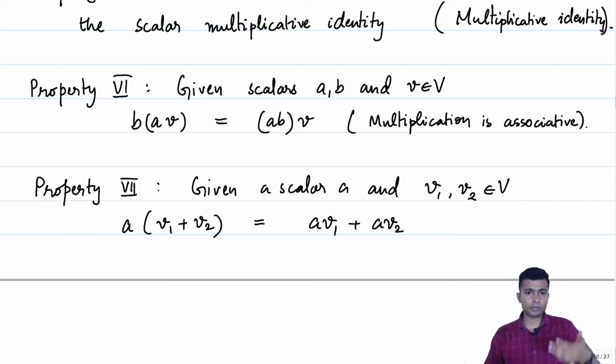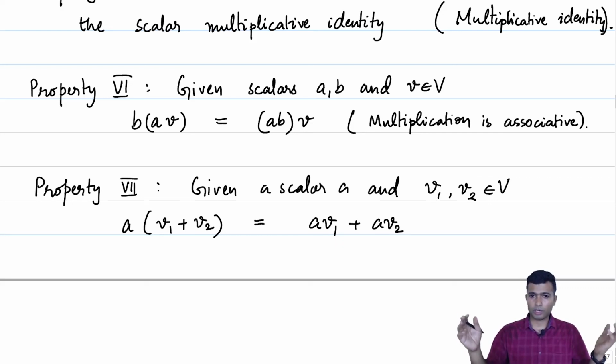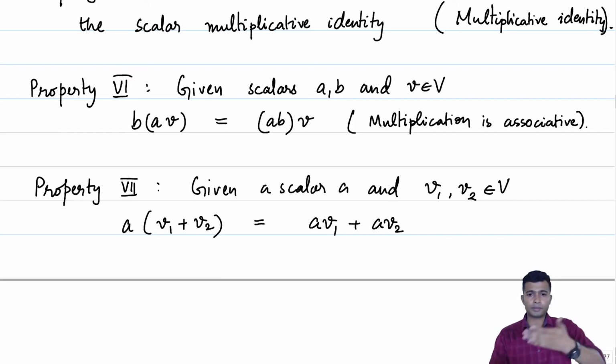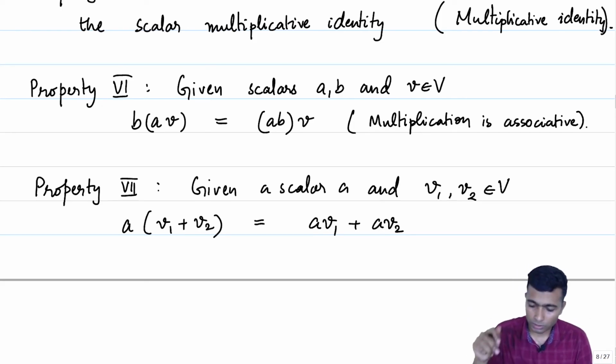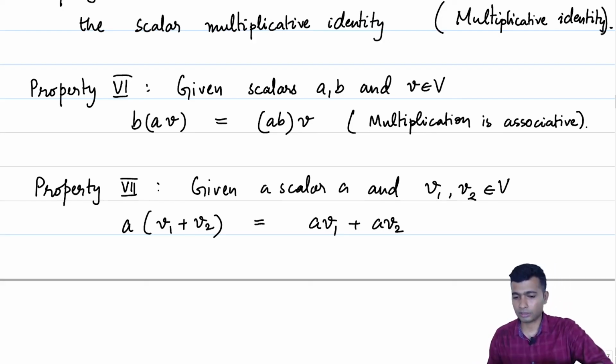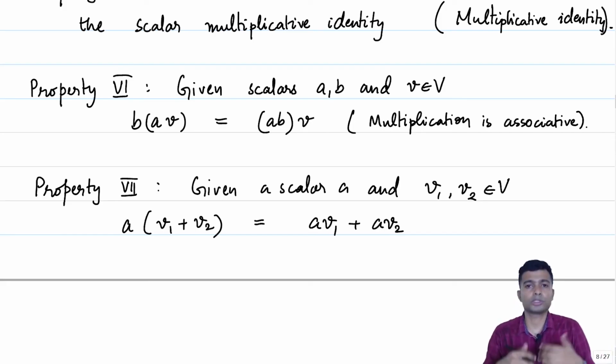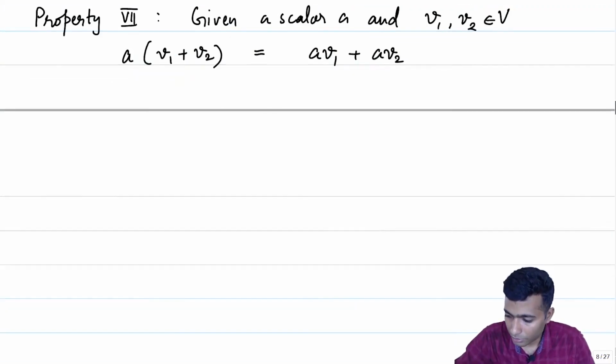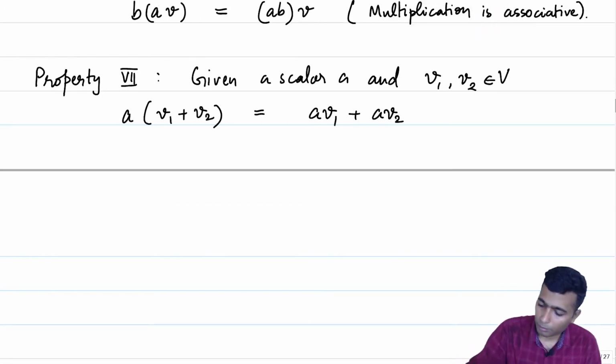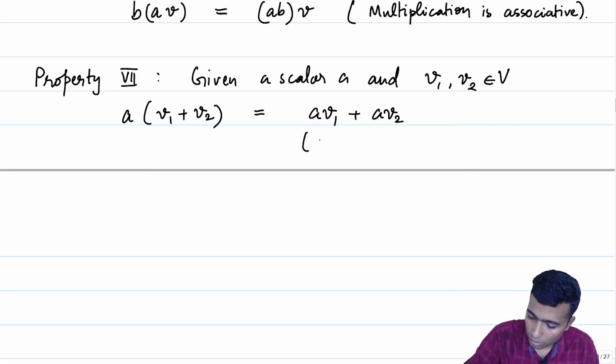So, for example, take (1, 0) and (0, 1) and look at (1, 0) plus (0, 1), it is (1, 1), and 2 times (1, 1) gives (2, 2). Rather, if you look at 2 times (1, 0) and 2 times (0, 1) we get (2, 0) and (0, 2), and if you add them we again get (2, 2). This property says that the property we just talked about should generalize to any arbitrary vector space which we would like to define. This is called distributivity.